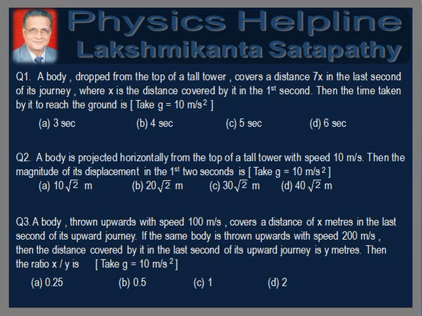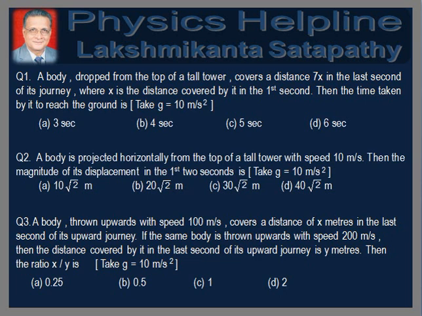Question 3. A body thrown upwards with speed 100 meters per second covers a distance of x meters in the last second of its upward journey. If the same body is thrown upwards with speed 200 meters per second, the distance covered by it in the last second of its upward journey is y meters.